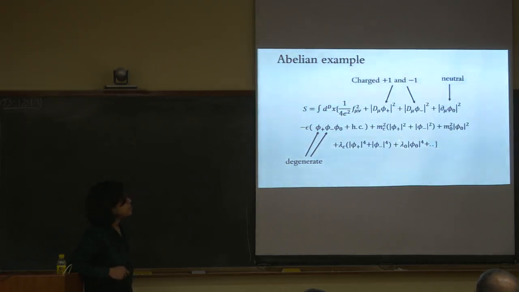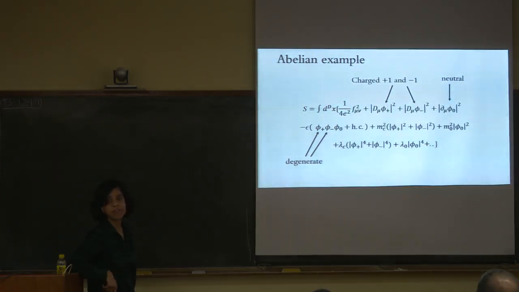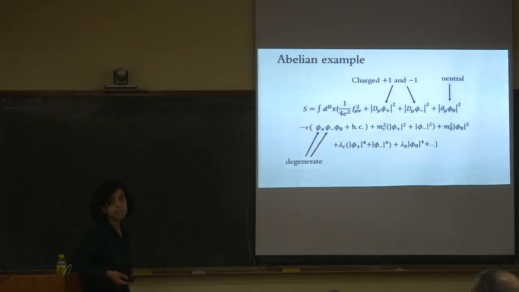What you should notice here is that the phi plus and phi minus fields are degenerate with respect to each other, except for the fact that they have opposite charges. So you will see that there's a symmetry as a result in the theory. I'll show you which symmetry that is. And on top of that, I have this cubic interaction term that couples phi 0 to phi plus and phi minus.